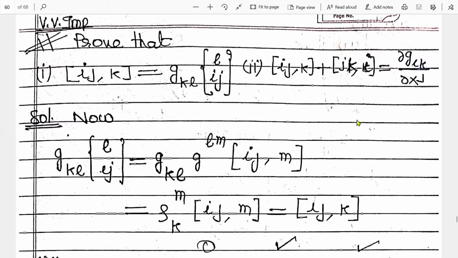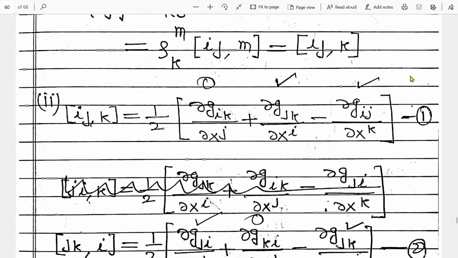So ij with k, the remaining is k. Next is jk, and the remaining is i. So this part i, this part k, so ∂g_ik, remaining is j.